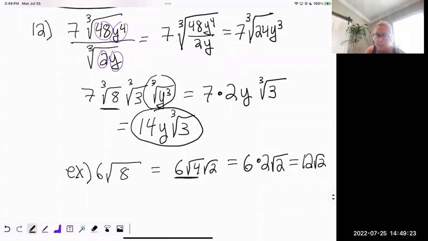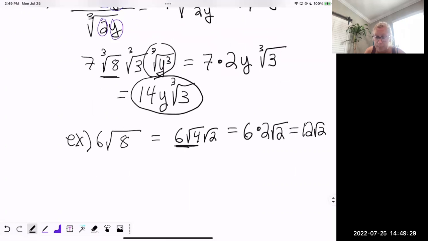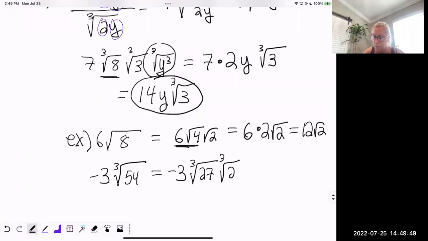So these numbers come together because they want to be integers at the end. So if you ever have a number in the front, like how about -3 times the third root of, let's say, 54. That'd be -3 cubed root of 27 times the cubed root of 2.